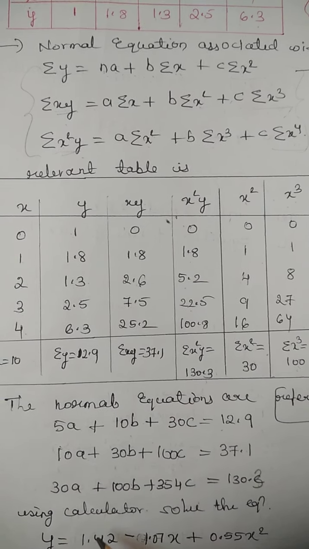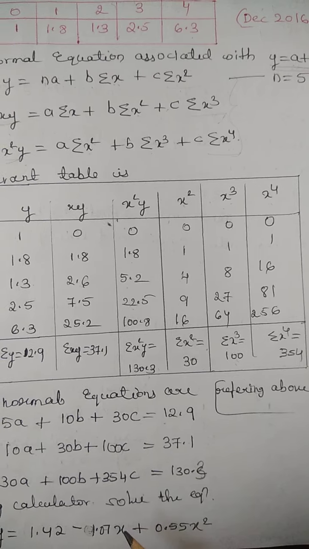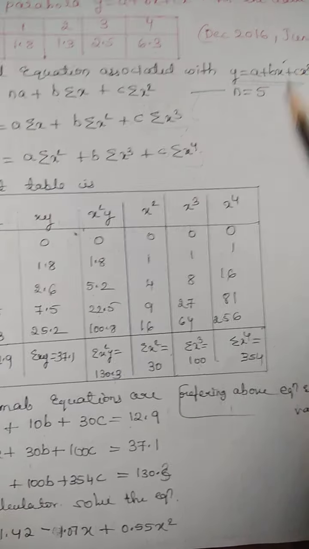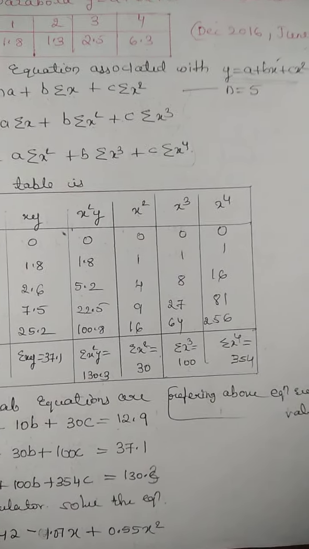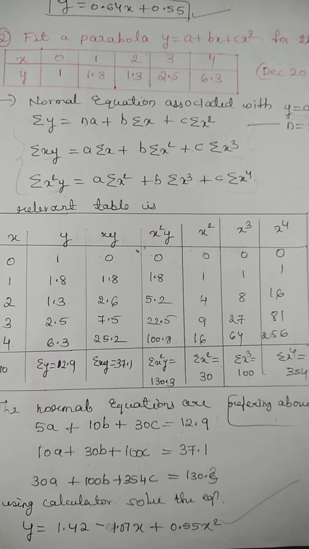We got a = 1.42, b = -1.07, and c = 0.55, so y = 1.42 - 1.07x + 0.55x². This way you have to solve the curve fitting problem.